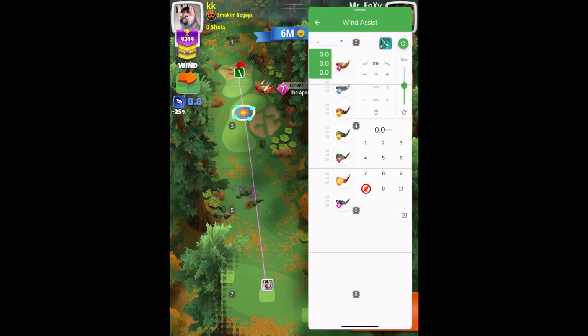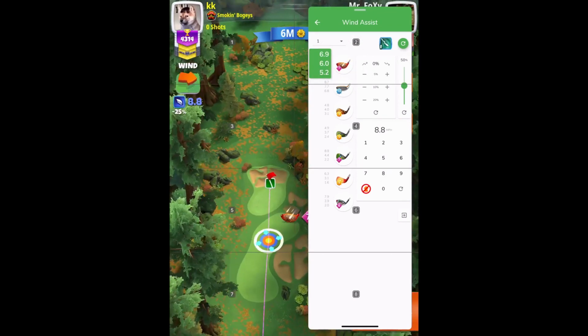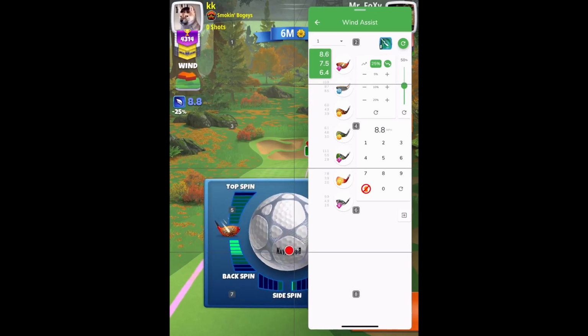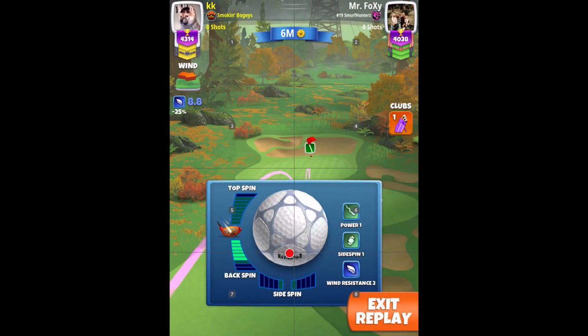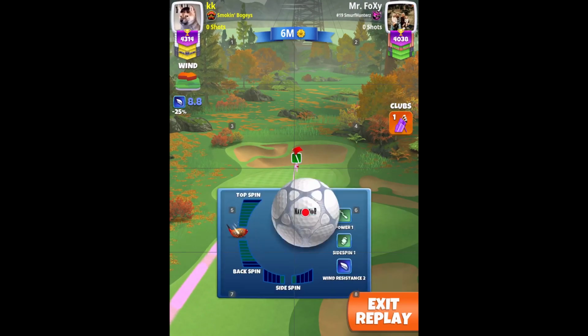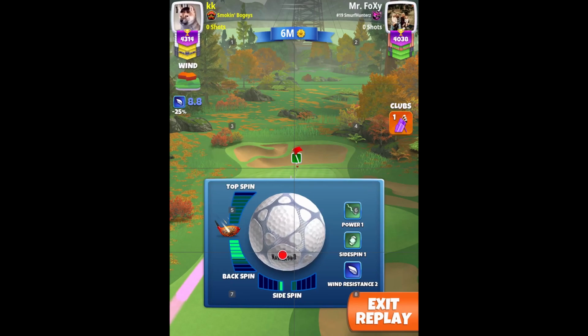So for this crosswind, I wanted to try a driver shot, and I'm going to apply about 6 backspin, trying to find a good landing spot right there. And then I added a bar of left spin.